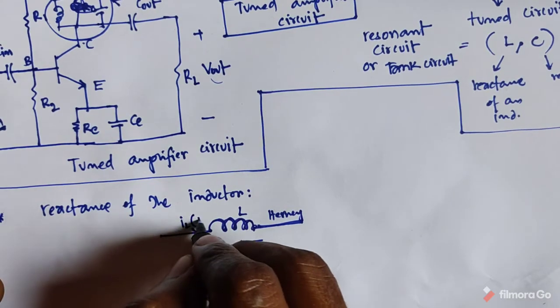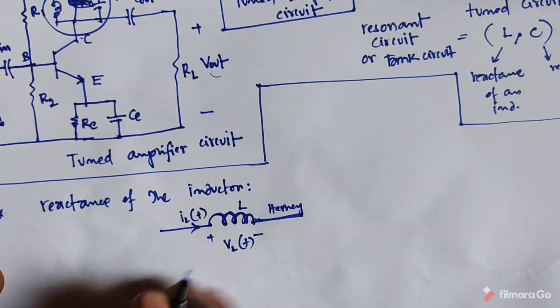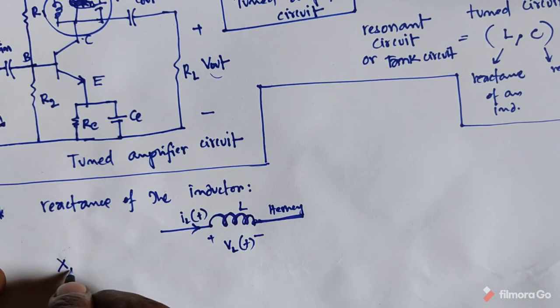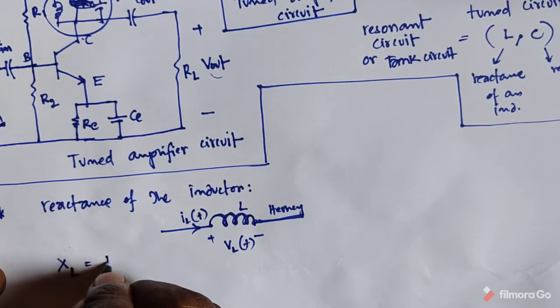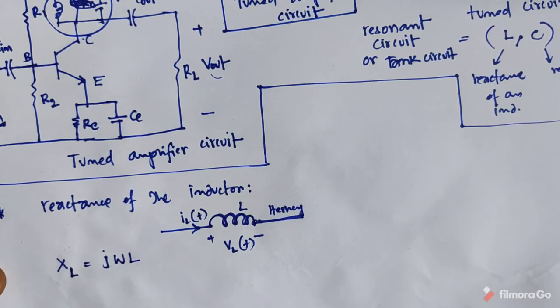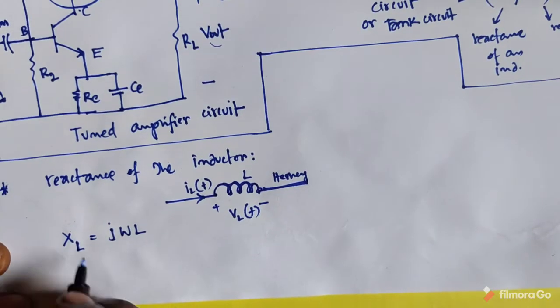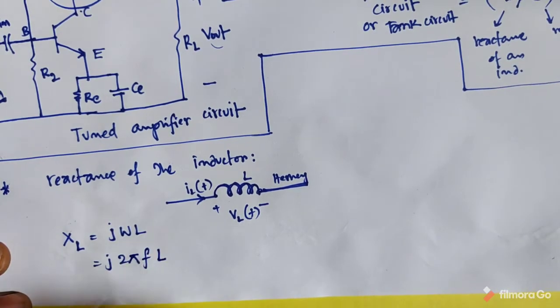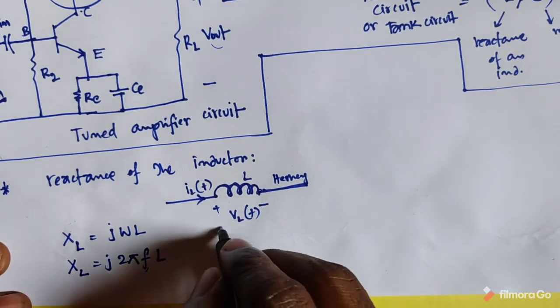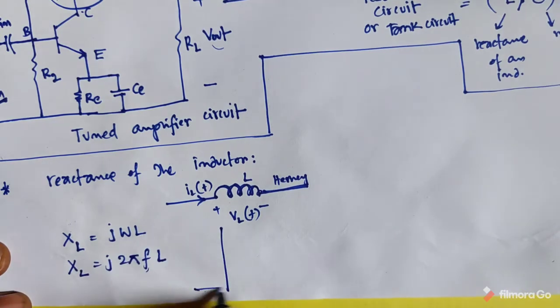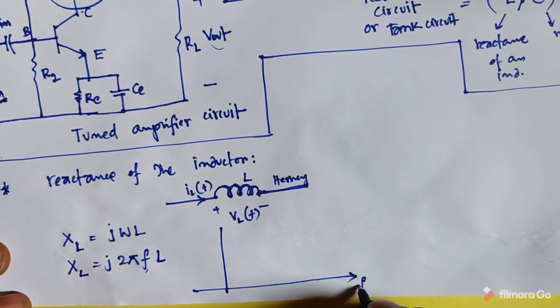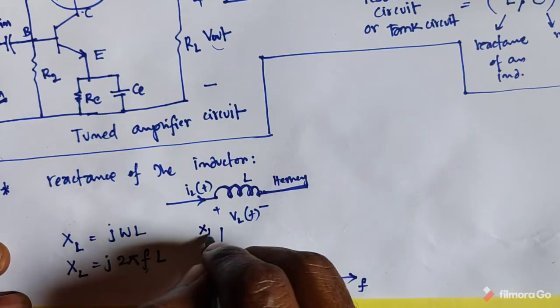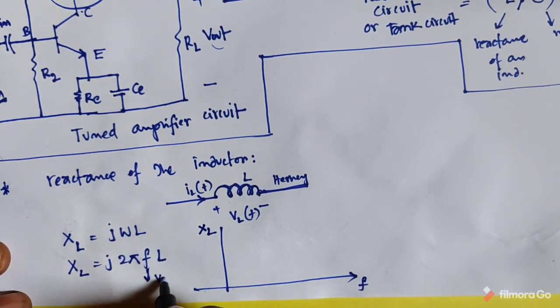Based on this expression you can calculate the reactance of the inductor, which is represented as an imaginary value, j omega L, where omega is equal to 2 pi F. Here 2 pi and L are constant, and the only variable is frequency F. That's the relationship between frequency and the XL value.